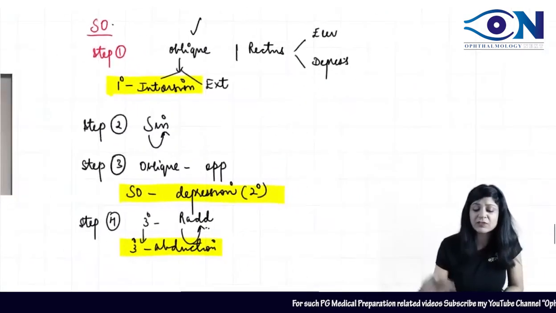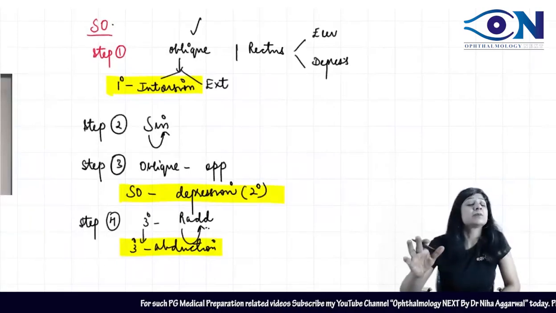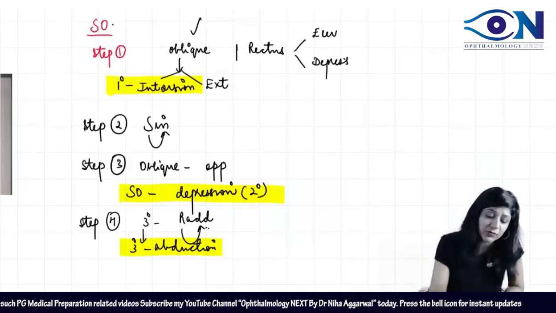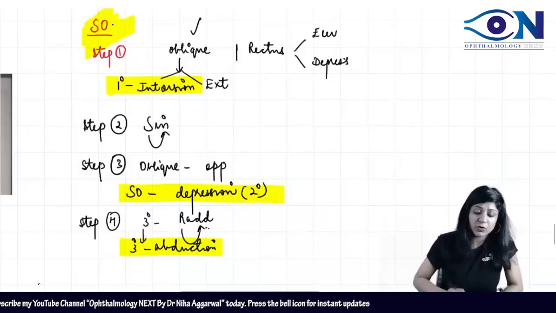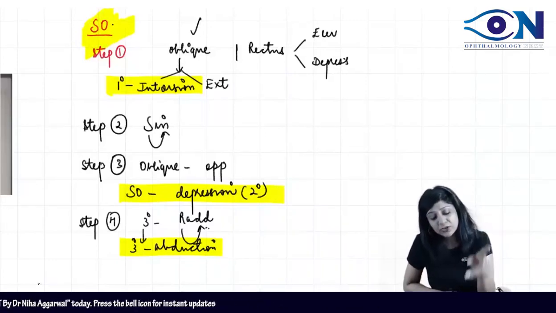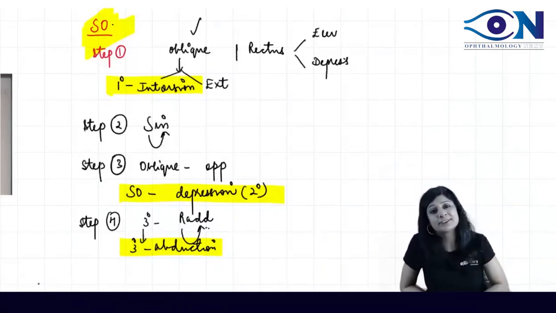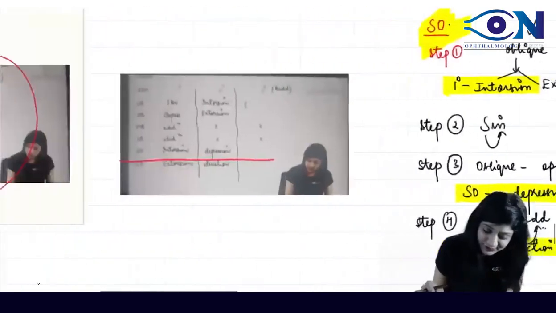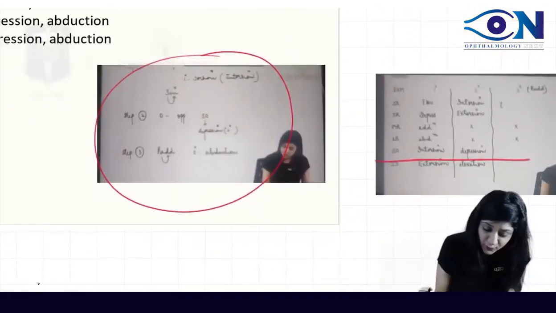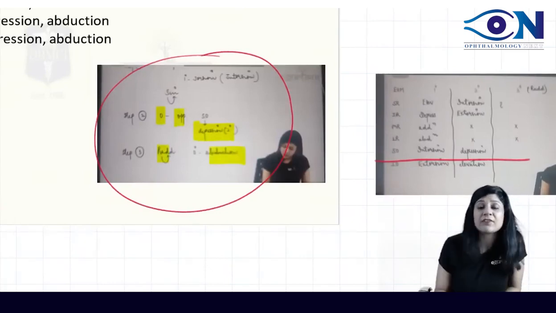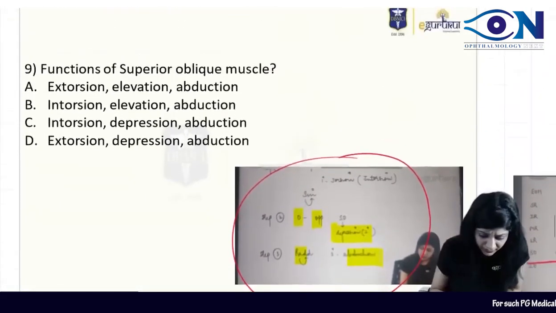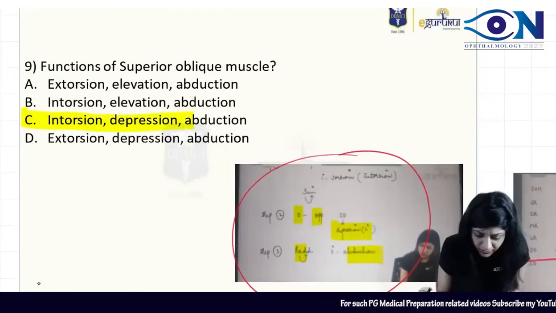So very conveniently, without any hustle bustle, you can find out the actions of superior oblique. We have intorsion, we have depression, and we have abduction. Okay? So this is being taught here also. O for oblique, O for opposite, RAD, therefore here you will have abduction, and therefore look at the correct one: intorsion, depression and abduction.